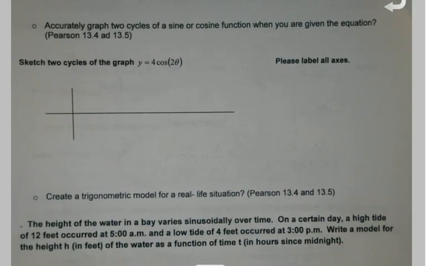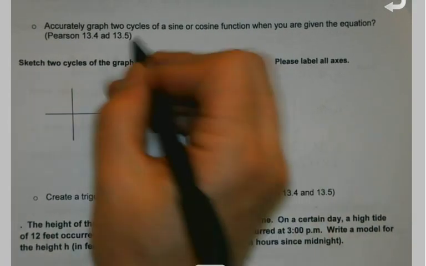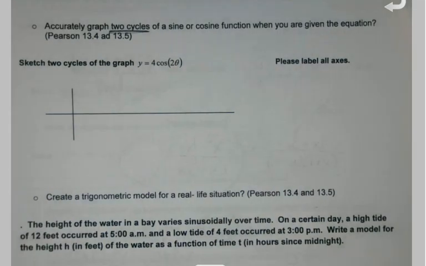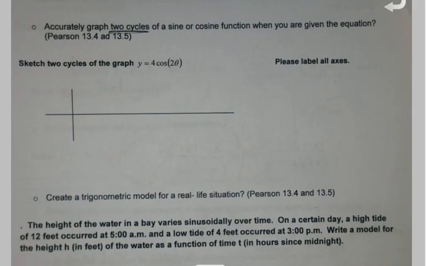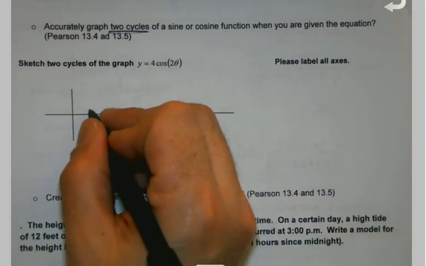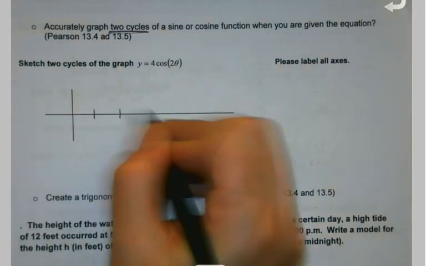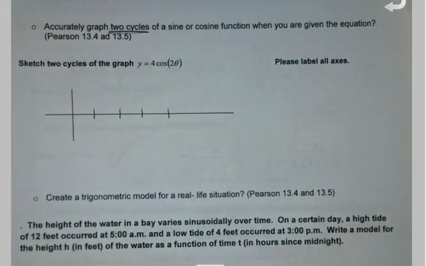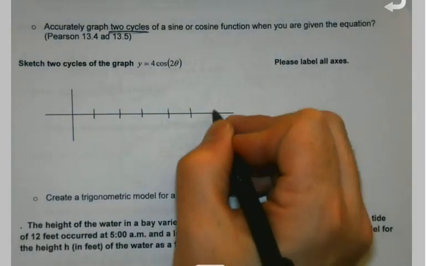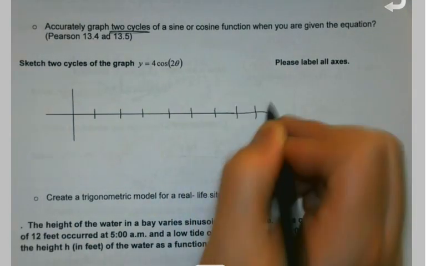Okay, accurately graph 2 cycles, not just one, of a sine or cosine function when you're given this equation. Okay, so 4 cosine of 2 theta. Well, let's see here. You're like, Harty, why are you making 2 sets of 4?